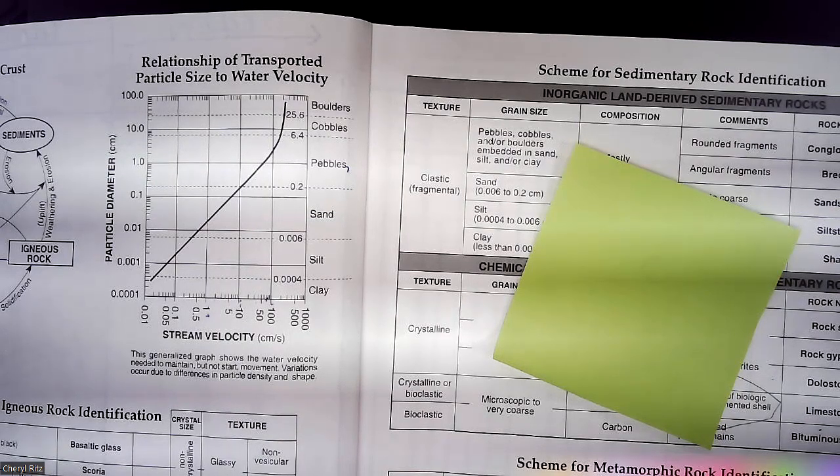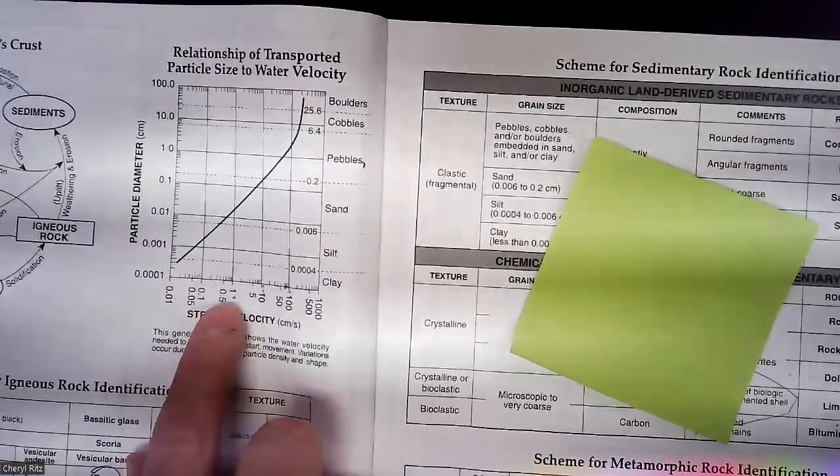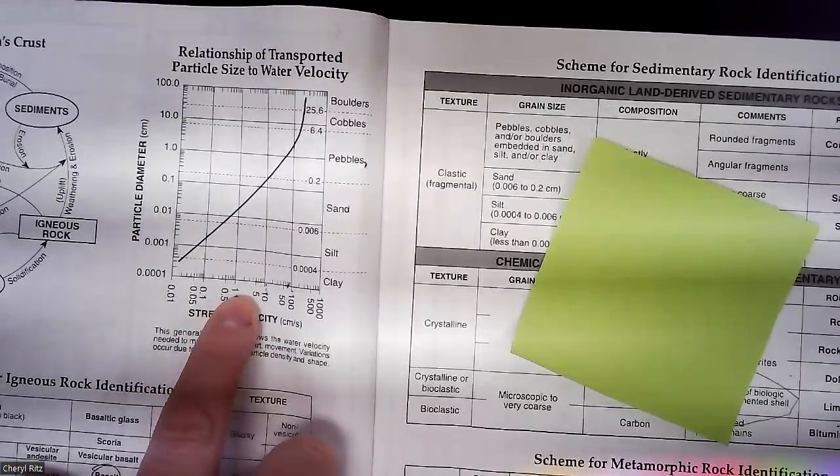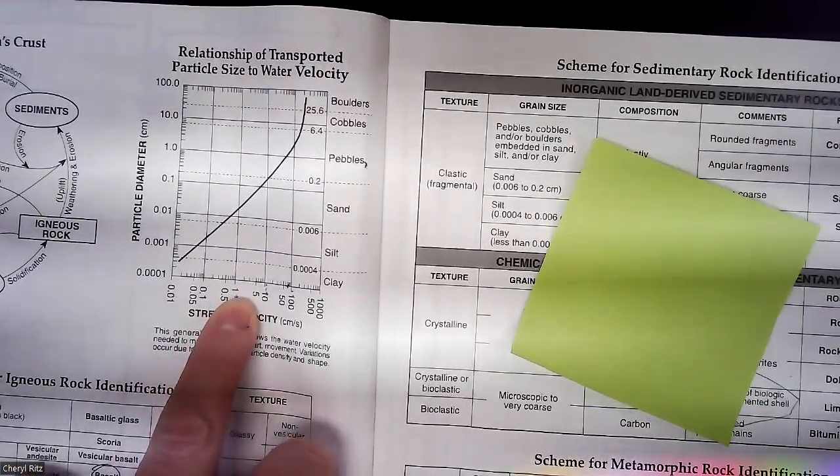Do you see something wrong, Keith? It does not go up at a constant rate. What Keith is saying is normally when you do a graph, you have to pick what you go up by, whether you go up by ones or fives or tens or hundreds. Here they did no such thing. Take a look here. I want to start with 1 centimeter per second. Everybody find 1 centimeter per second.